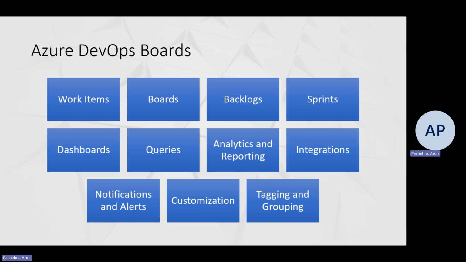Then customization is like customizing boards, backlogs, and workflows to fit the team's processes. A team customizes their board with additional columns to reflect their unique workflow stages like code review and QA testing. Use tags to categorize work items and group them for better organization.